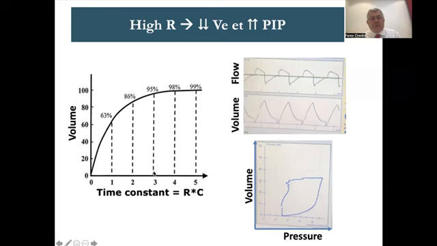Normally, we need, as I said, 3 to 5 time constants to fill the lung, and the time constant is resistance multiplied by compliance. So you need longer I time when the compliance improves a lot, when the patient gets healthier, or when the resistance increases a lot, when there are secretions and a blocked tube.